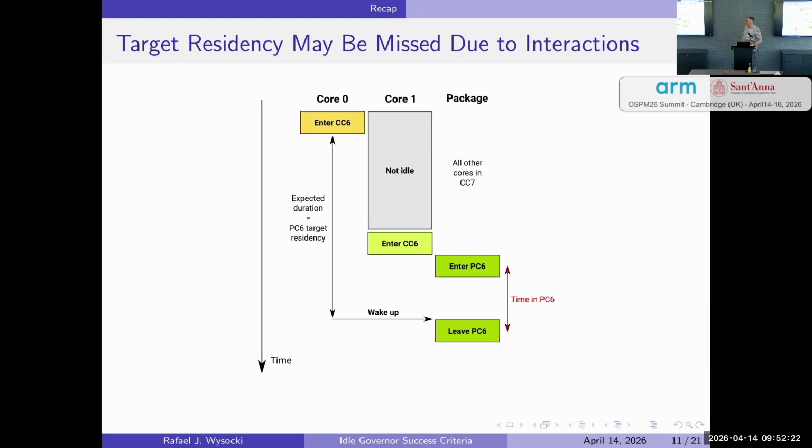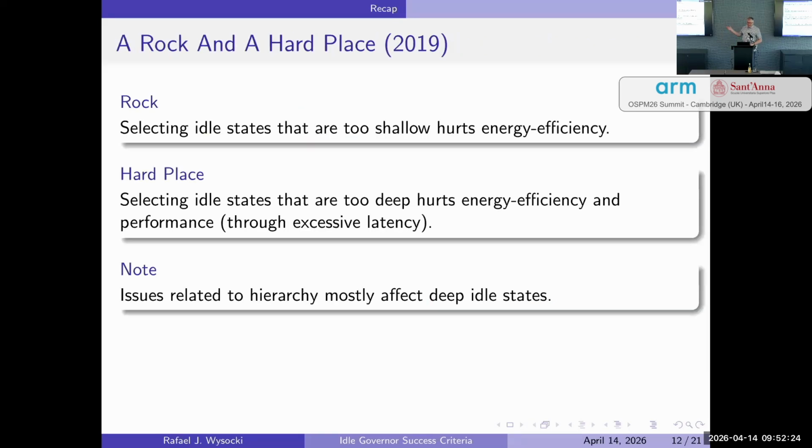All right, so in 2009, when I was last talking about that in this conference, there was a rule of thumb: if you select an idle state that is too shallow, it hurts energy efficiency, because obviously you could save more energy by using a deeper idle state.